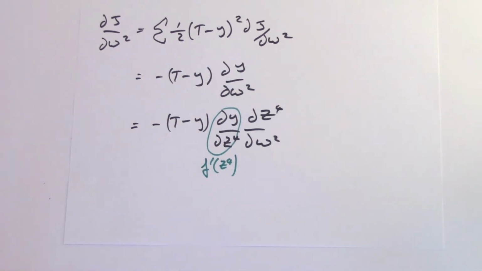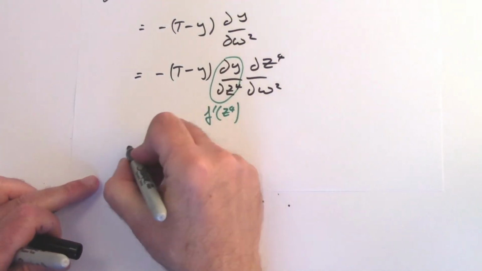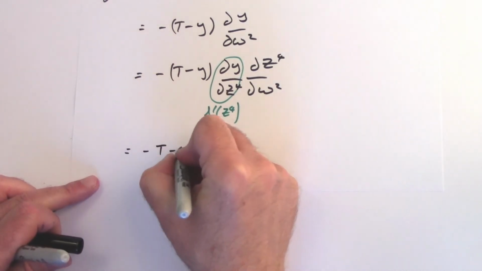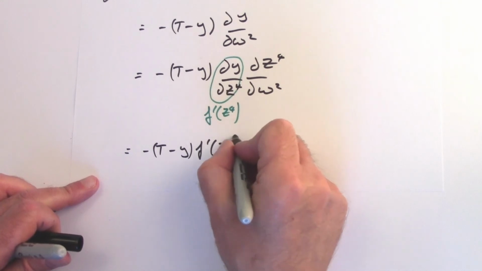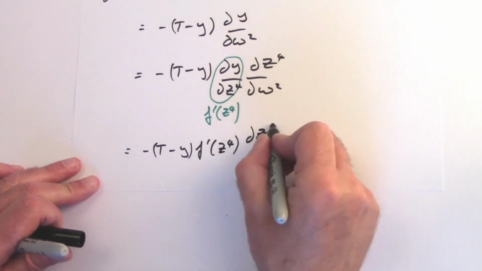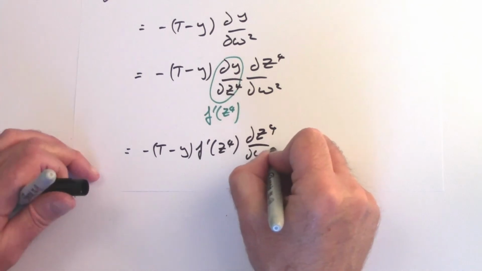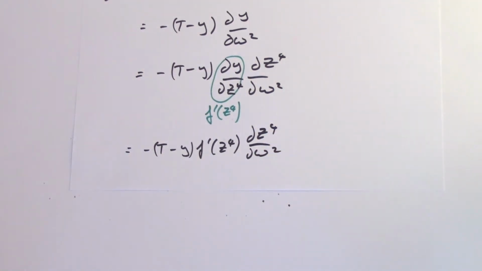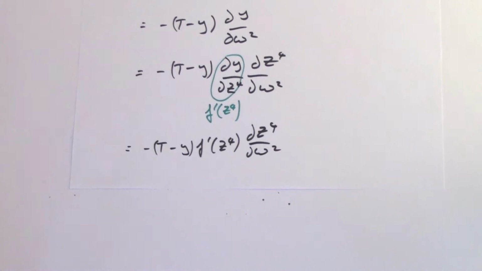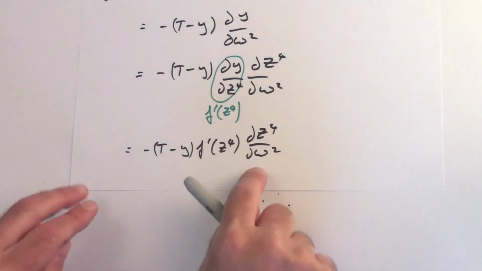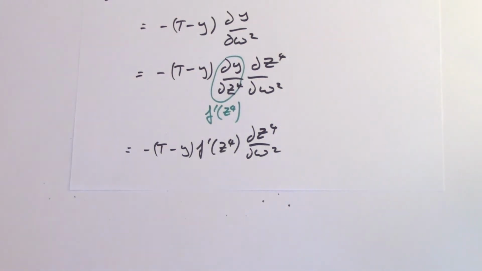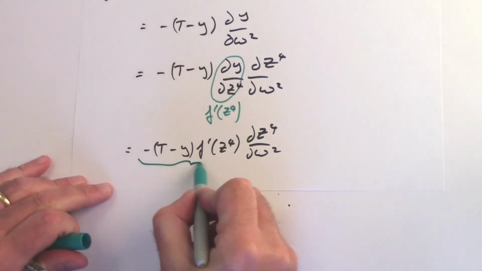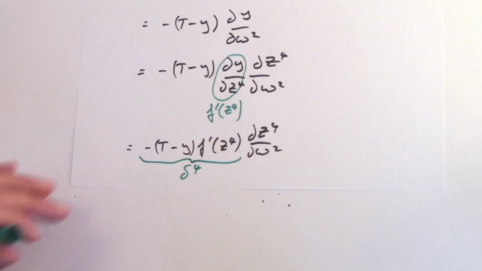So we end up with minus (t minus y) times the differentiated activation function, but now we have dz4 by dW2. Again we need to use the chain rule on this. We can note that this is just del 4, so that simplifies things.